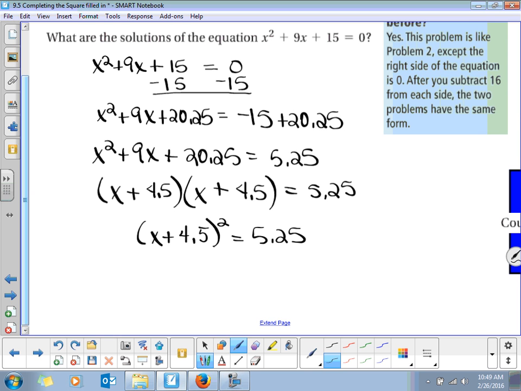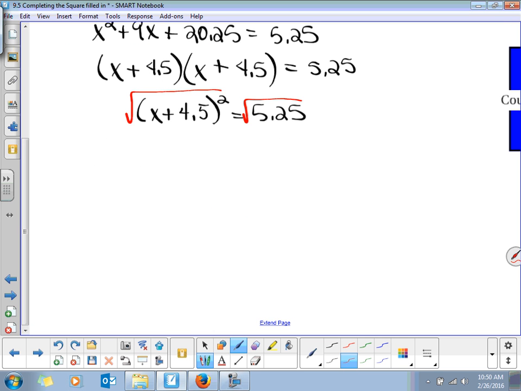Now, how do I get the x plus 4.5 by itself? Square root. Very good. So now we're going to take the square root on both sides, and we end up with x plus 4.5 is equal to the square root of 5.25.